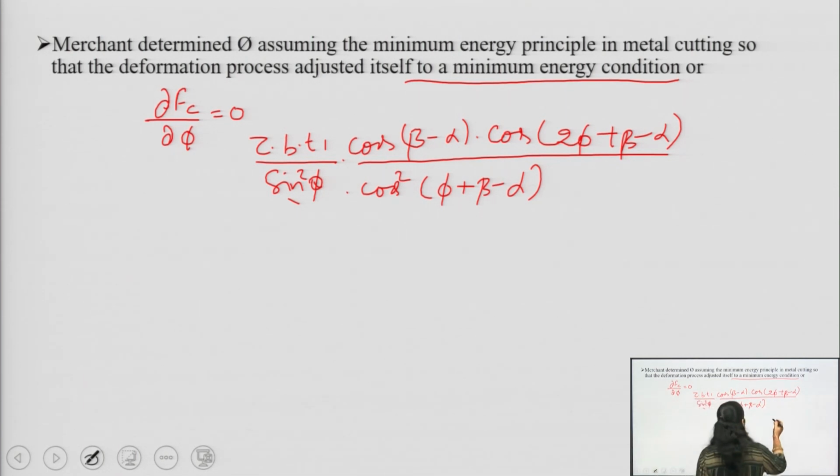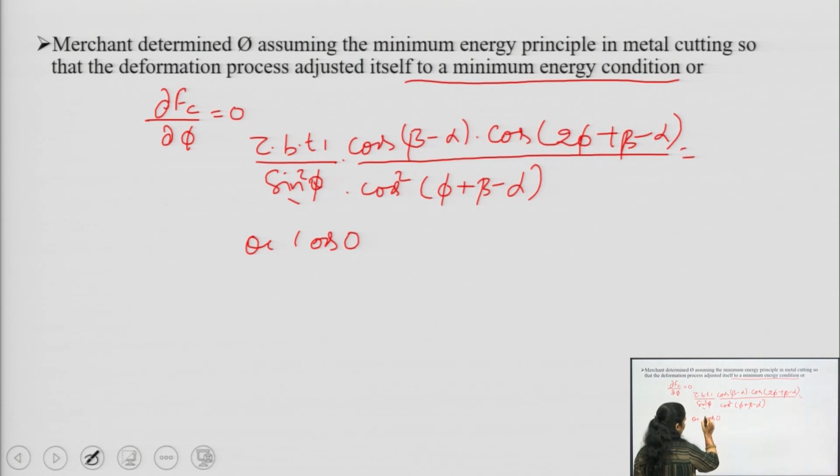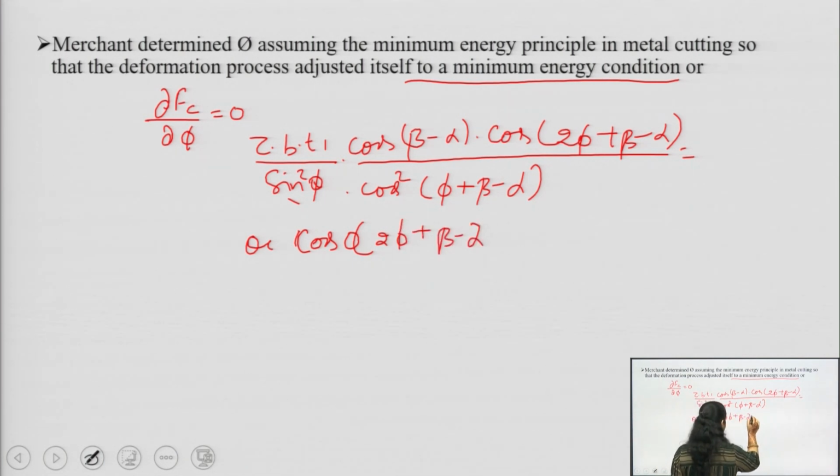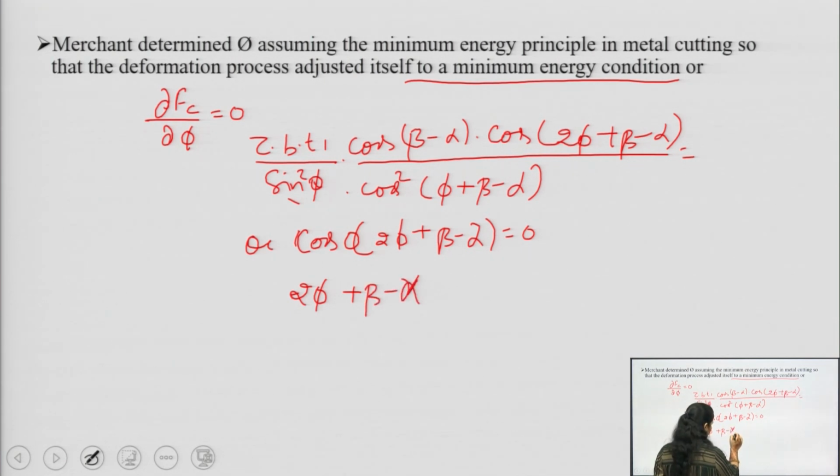Okay. So, if we will differentiate it and equate it equal to 0, then what we will get, we can write down it cos 2 phi plus beta minus alpha is equal to 0, or we will simplify it as 2 phi plus beta minus alpha is equal to pi by 2.